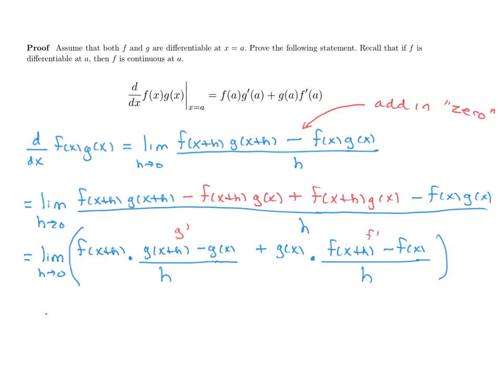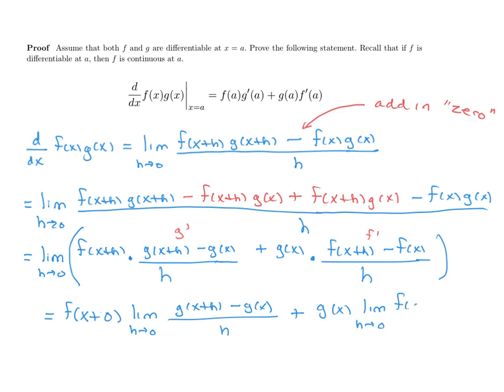We can say this is equal to f of x plus 0 times the limit as h goes to 0 of g of x plus h minus g of x all over h, plus g of x times the limit as h goes to 0 of f of x plus h minus f of x all over h.